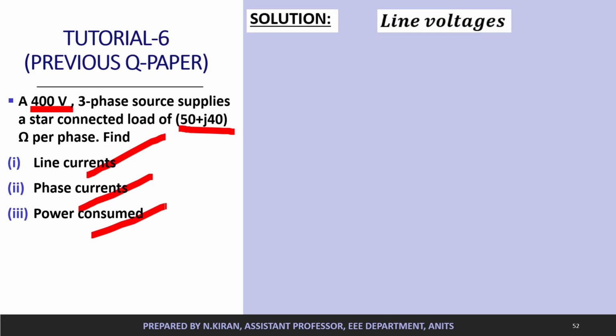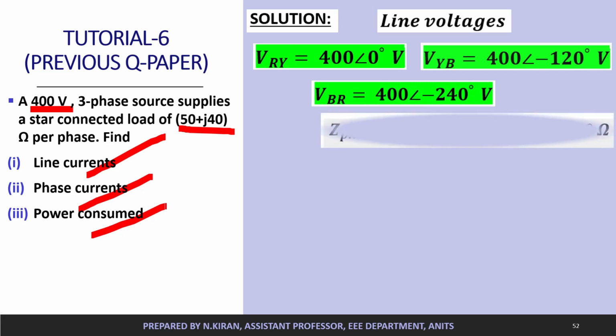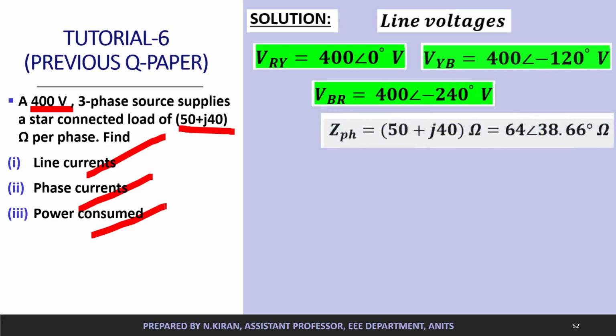The line voltages, since it is RYB phase sequence, if I assume VRY is 400 at an angle 0, VYB will be 400 at an angle minus 120 degrees and VBR will be 400 at an angle minus 240 degrees. Z phase is given as 50 plus j40 ohms, and if I convert it into polar form it will give me 64 at an angle 38.66 ohms.